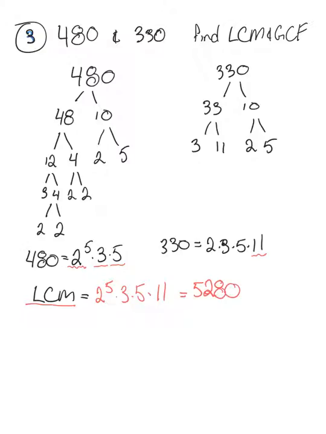Meanwhile, the GCF, which I'll do in blue, will be the common between each of them, which is 2 to the 1, 3 to the 1, 5 to the 1. 2 times 3 times 5, which equals 30.